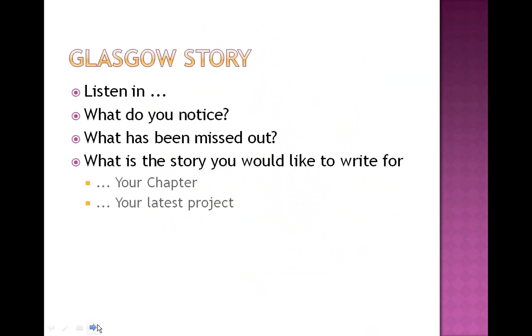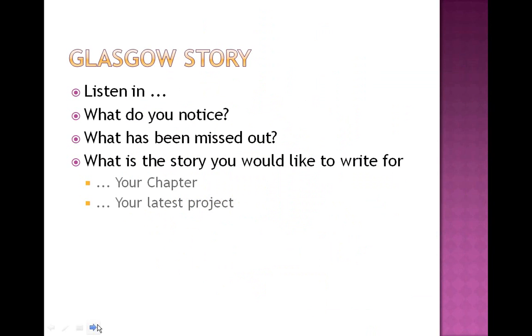So I found that a very helpful tool. I would typically get people to break into groups or into pairs, identifying what they noticed and what they've missed out.